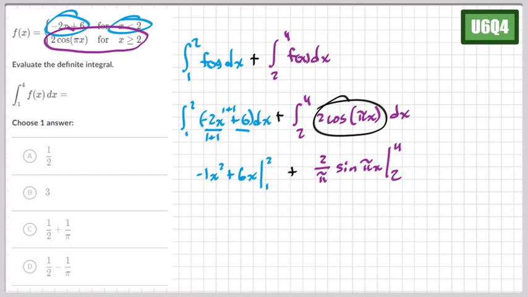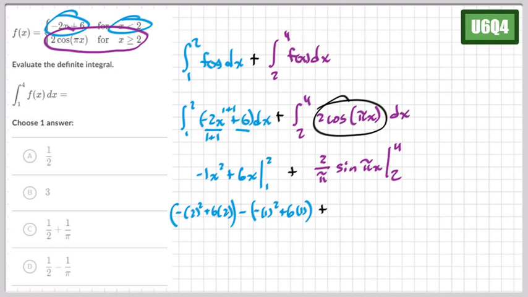So we're going to say negative 2 raised to the second power plus 6 times 2. Okay, so I plugged in the upper bound. Then I subtract, and now I'm going to plug in the 1. And then we have our plus. Okay, so I just FTC'd that foo. Now I just have to simplify it.